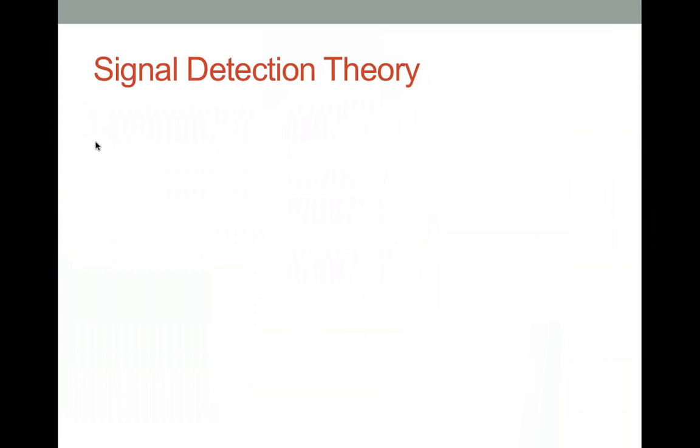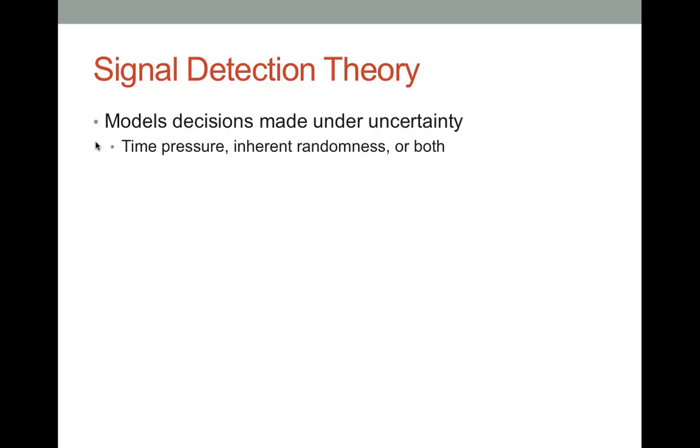So what is signal detection theory? Well, it is designed to model decisions made under uncertainty. This uncertainty can be due to things like time pressure, where you have to make a quick decision, which is certainly true in the air traffic controller's radar operator kind of situation, or because of inherent randomness.